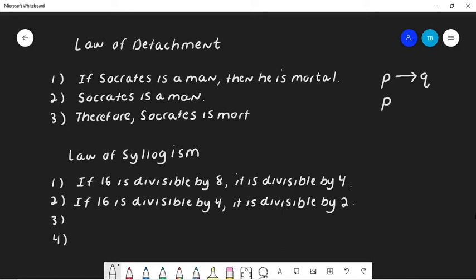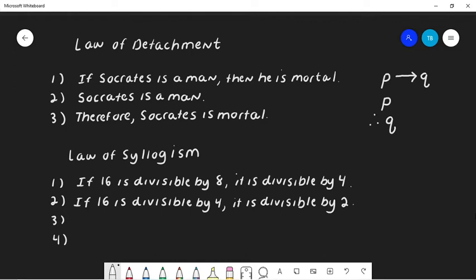Okay? And symbolically, we would write that like this. We write a triangle of dots here that indicates the word therefore, and then we just write Q for the conclusion. All right, so again, law of detachment, we affirm the hypothesis to determine the truth of the conclusion.